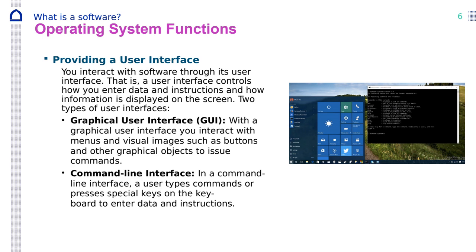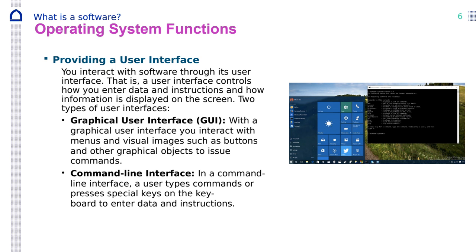Another function of the OS is that it provides the user interface, because you interact with software through its user interface. That is, a user interface controls how you enter data and instructions and how information is displayed on the screen. We have two types of interfaces.